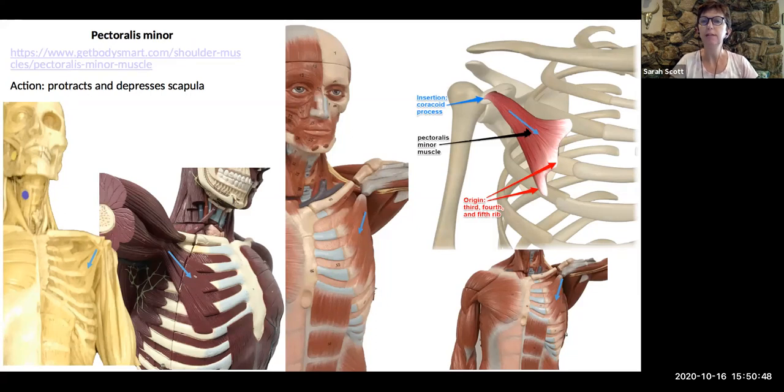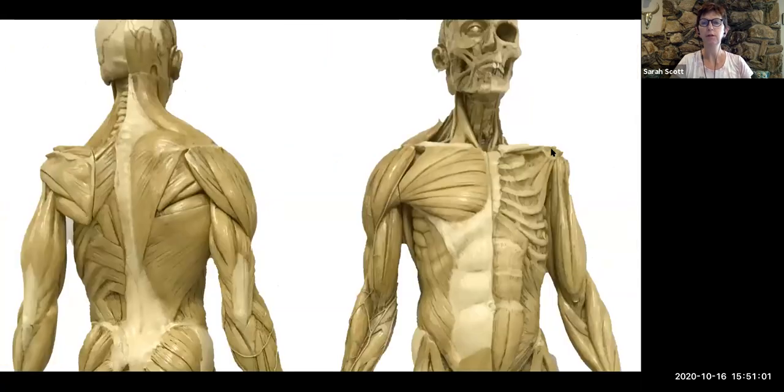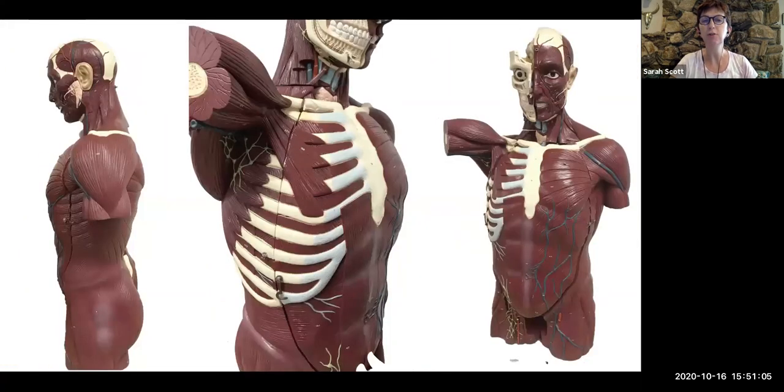Because of that angle, not only will it protract, but also depress. So if you pull your scapula tight and down against the costa, that's pectoralis minor. And then again, we have additional images. This is just to allow you a chance to review and to practice labeling using these models.